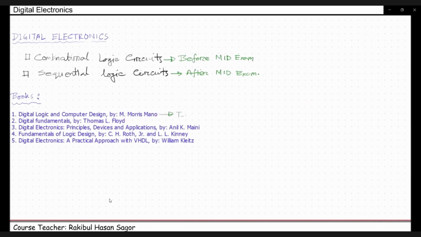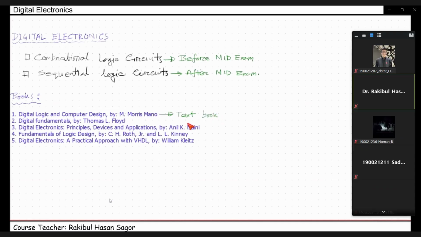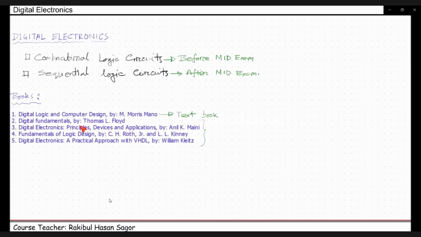This will be our textbook, and all other books that you can see: Digital Fundamentals by Thomas L. Floyd, Digital Electronics Principles, Devices and Applications by Anil K. Maini, Fundamentals of Logic Design by C. H. Roth and L. L. Kinney, Digital Electronics, A Practical Approach with VHDL by William Kleitz. All these books are supporting books.